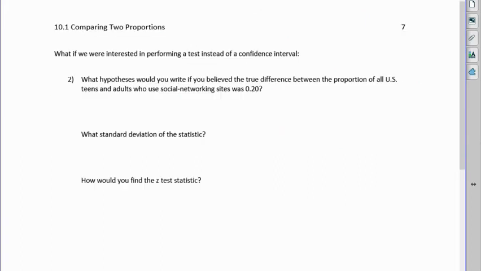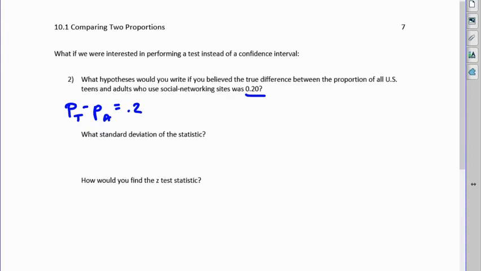So what if we were interested in doing a test in the same situation of teens and adults, and we really think that the true difference is 0.2? So what we're saying is we think the proportion of teens minus the proportion of adults, whatever the numbers are, is 0.2.